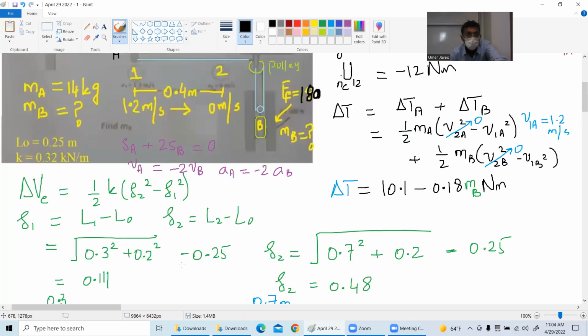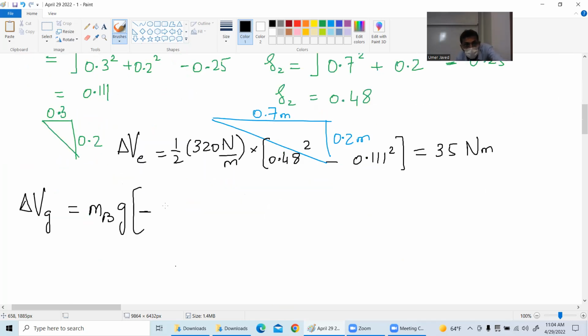Okay, so SB is equal to half of SA. He was absolutely right, but I put a negative here. Negative means that the potential energy is changing in the negative sense, because the potential energy is definitely decreasing as the counterbalance is going downwards. So that's why I put a negative.